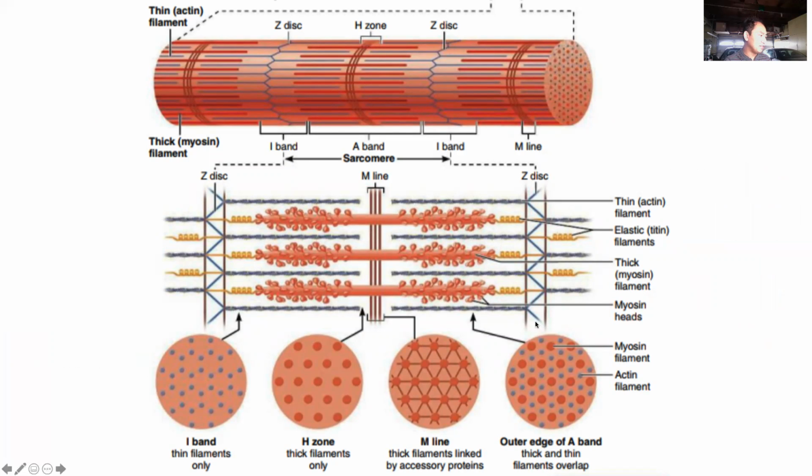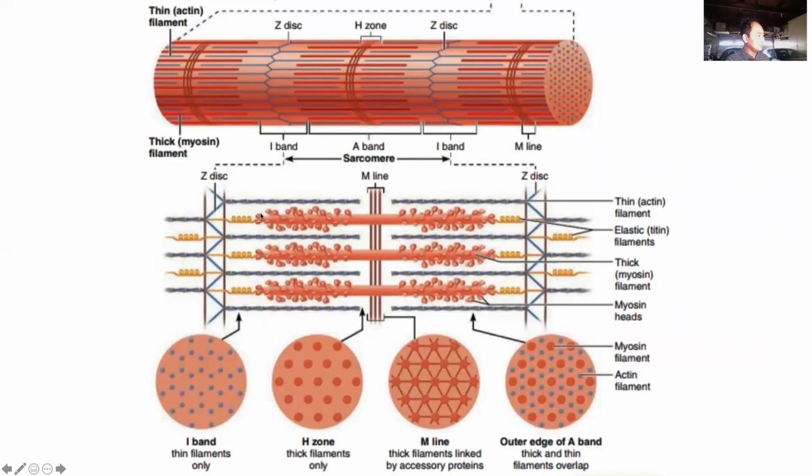Myofilaments in a sarcomere will be actin and myosin. Myofilaments start from one Z to the other Z. Z is the end, the boundary of the sarcomere. In the middle, myosin filaments are attached to each other with a protein, which under the microscope will be seen as a line, and since it is in the middle, we give it the name M line.